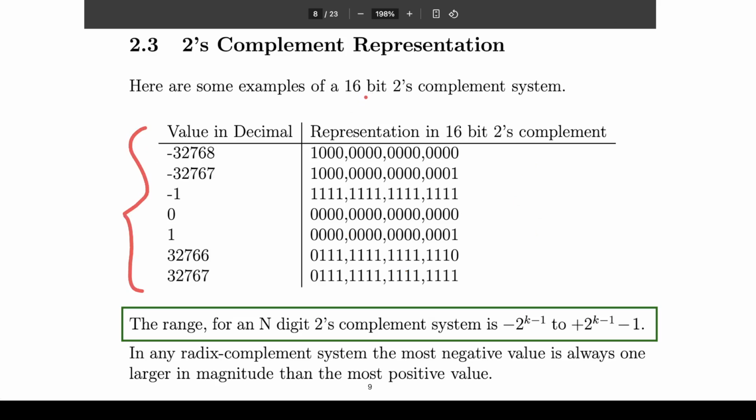Here some examples are shown in 16-bit using the 2's complement system, and this is the range of the number system in case of 2's complement. If you are given a k-bit number, the smallest number you can represent is minus 2 to the power k minus 1, and the largest integer that you can represent is positive 2 power k minus 1, and then again minus 1.